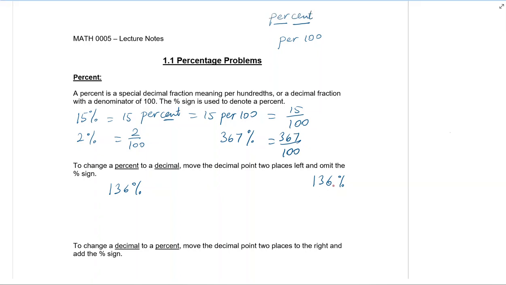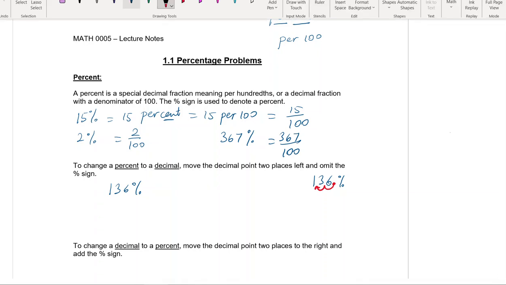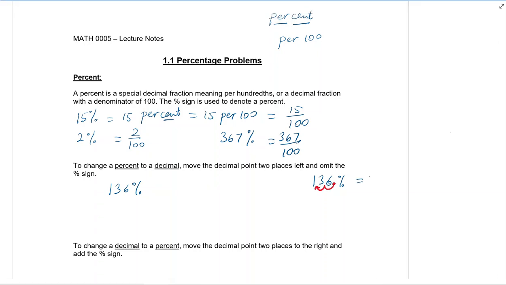For a whole number, the decimal is at the end. If you want to remove the percentage sign, you move the decimal 2 places to the left, so it will become 1.36. Or you can think of this as dividing by 100. The percent sign means per 100, and when you divide 136 by 100, we get 1.36 as well. So the answer will be 1.36.